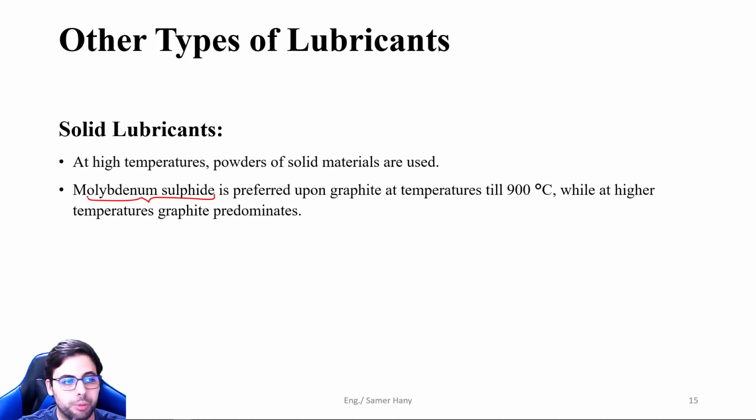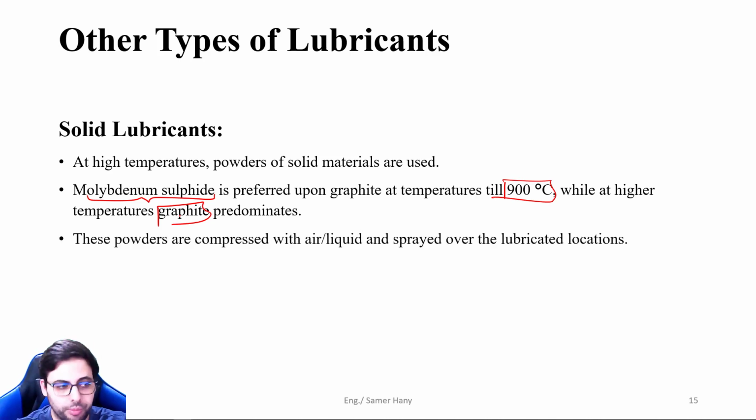We have molybdenum sulfide, which can work up to 900 degrees Celsius, and for higher temperatures, we'll need to use graphite powder or a solid lubricant. How will we apply molybdenum sulfide or graphite at these operating temperatures? The powders can be moved with compressed air.